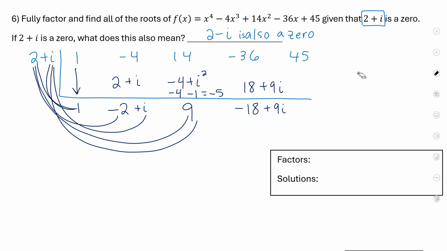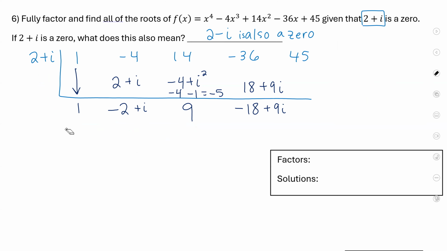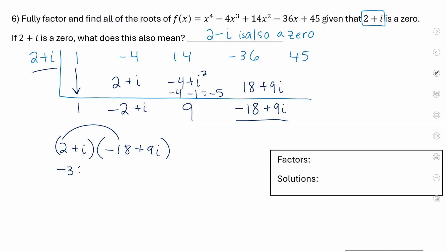Now this one will get a little bit messy, but stay with me. We're going to have to multiply. Let me just write it over here. 2 plus i, and we're going to multiply it by negative 18 plus 9i. This will become negative 36. This is plus 18i. This is minus 18i.